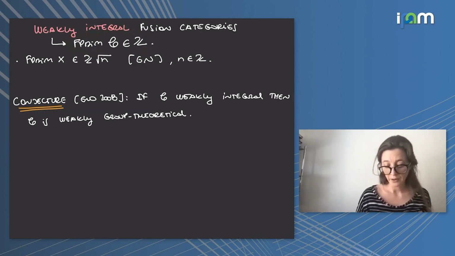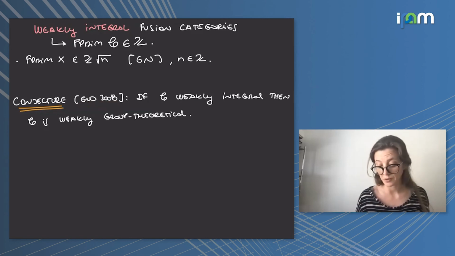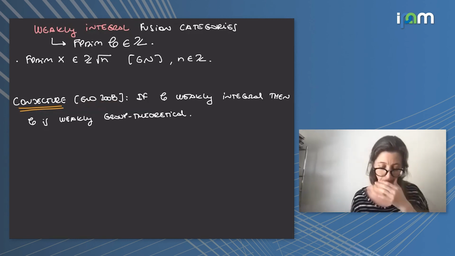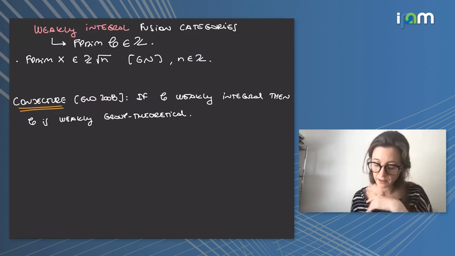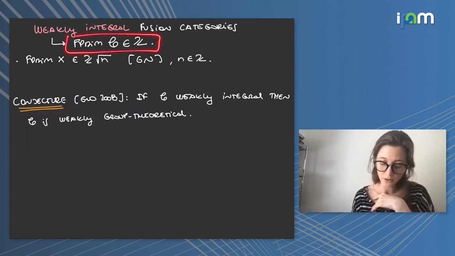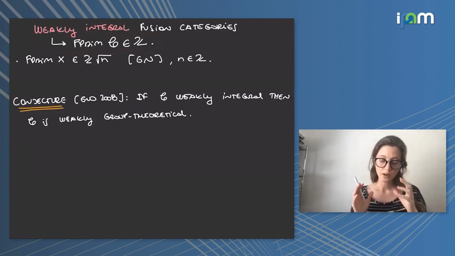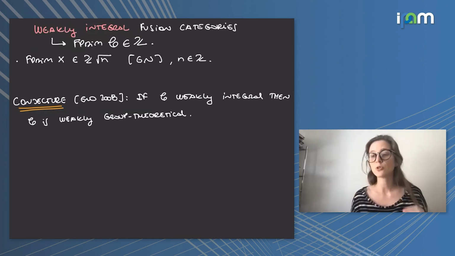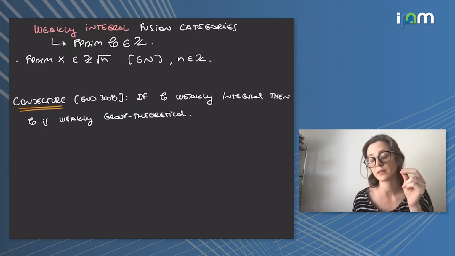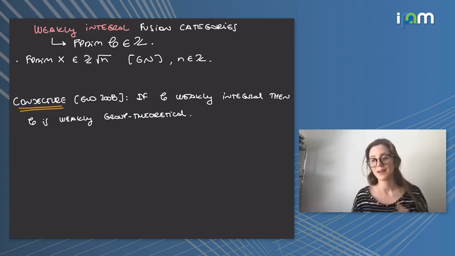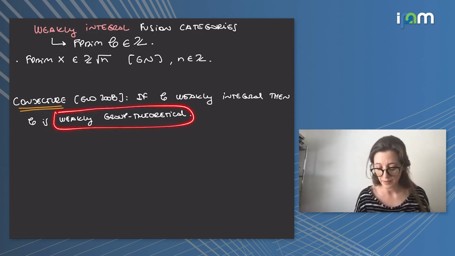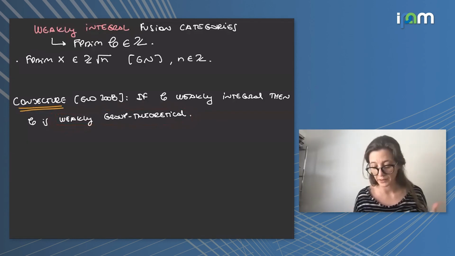And there is a conjecture by Etingof, Nikshych, and Ostrik from 2008. So at this point, it's more than 12 years, that if your category has this condition, if the dimension is an integer, then we should be able to construct it from finite groups. In some sense, I'm not being very specific here, but this is called weakly group theoretical.